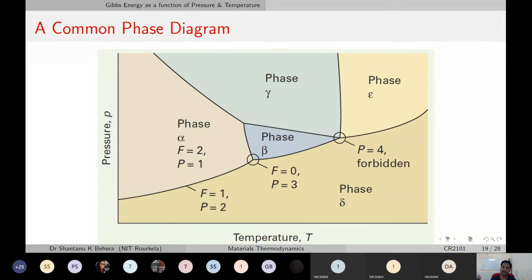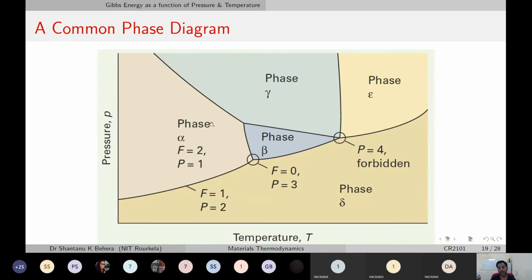So I have the liberty to change either pressure or temperature, one at a time. If I'm changing pressure at my will, the temperature will adjust itself, and you would still be in equilibrium. If I have the temperature lever, then I can change the temperature, but then I allow the pressure to be adjusted so that I can remain in the equilibrium.